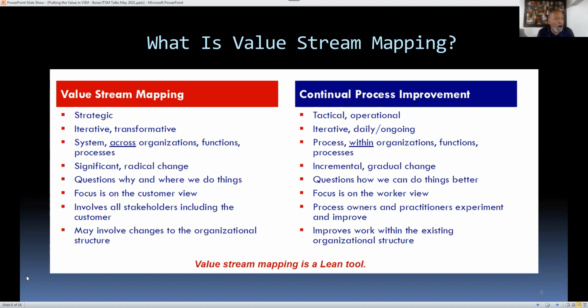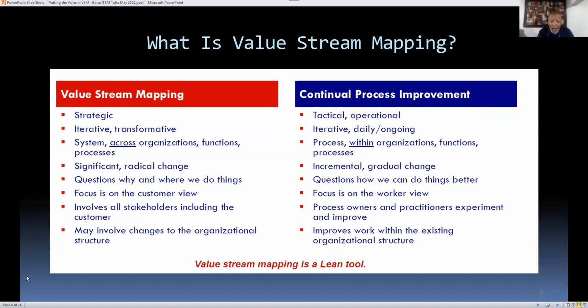We really call out value stream mapping as something for you to consider when there are multiple functions or multiple groups, or, as much as I hate to say it, multiple silos involved. And one of the things that we really want people to seriously consider is that you should take a strategic or tactical approach to say, let's use a value stream mapping workshop to kind of deal with this.